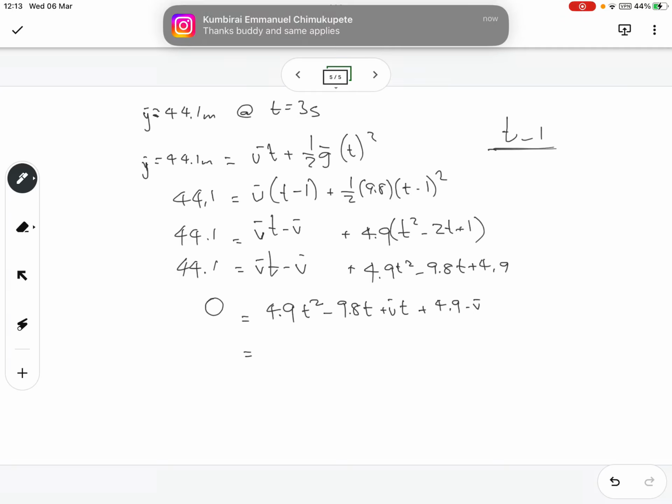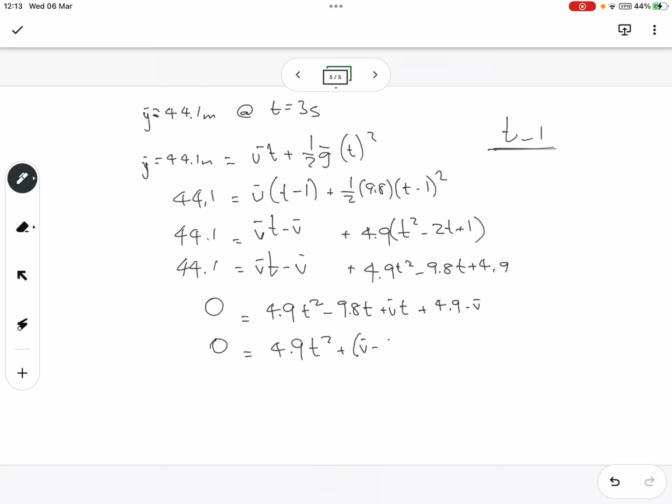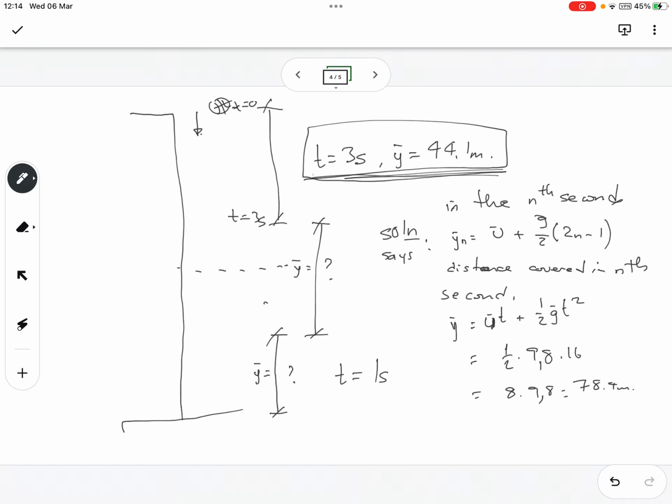Okay, and this is 4.9t squared plus v minus 9.8 times t plus 4.9 minus v. So this is what I've come up with, using that theory to say the last second is expressed as t minus 1. So we leave it at that.